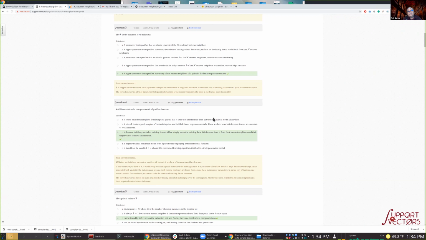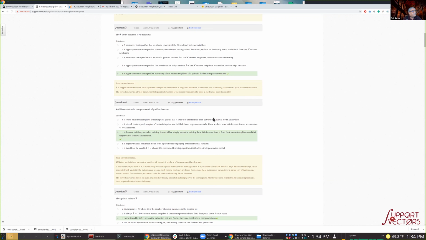KNN is not a parametric model. There are no parameters, there's nothing to learn. You just hold on to the training set, and then in the training set, you find the nearest neighbors. Parametric models have parameters to learn. This is lazy learning. There's no learning actually taking place in KNN. So it's a hyperparameter of the model that you have to tune to get the best model.